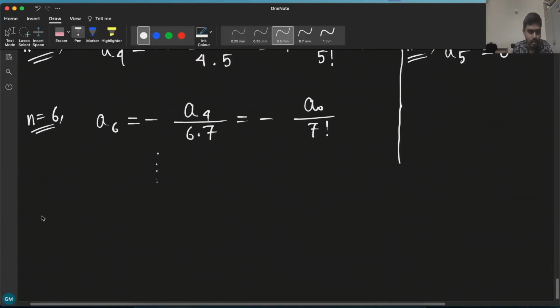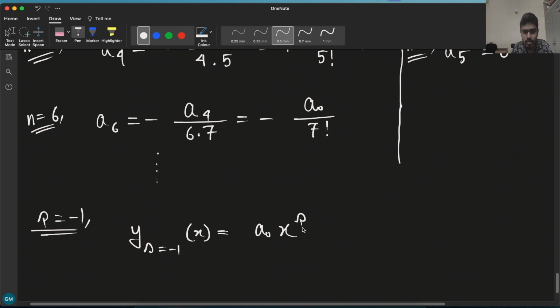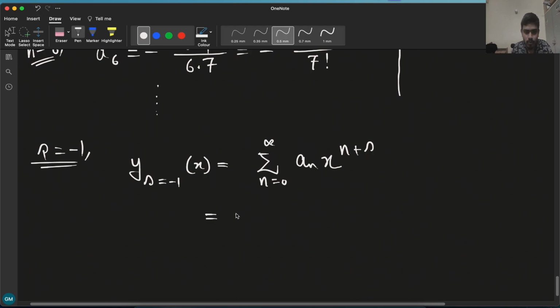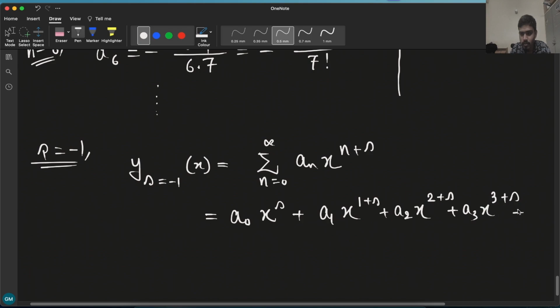So the series we have, for s equals -1, I can write y(s) for s equals -1 as the summation over n from 0 to infinity of a_n x to the power n plus s. The first terms will be a0 x to the power s plus a1 x to the power 1 plus s plus a2 x to the power 2 plus s plus a3 x to the power 3 plus s plus a4 x to the power 4 plus s plus dot dot dot.